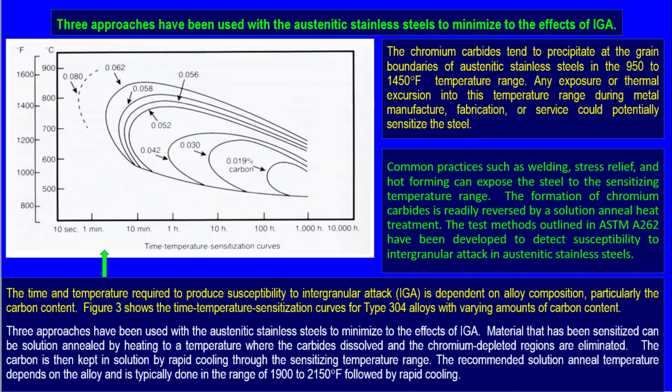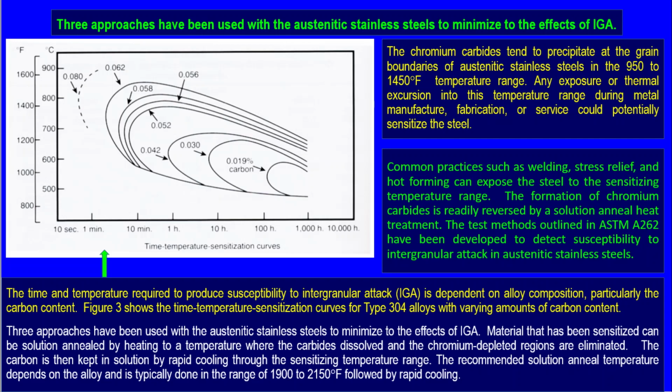3 approaches have been used with austenitic stainless steels to minimize the effects of intergranular attack. Chromium carbides tend to precipitate at the grain boundaries of austenitic stainless steels in the temperature range 950 to 1450 Fahrenheit.